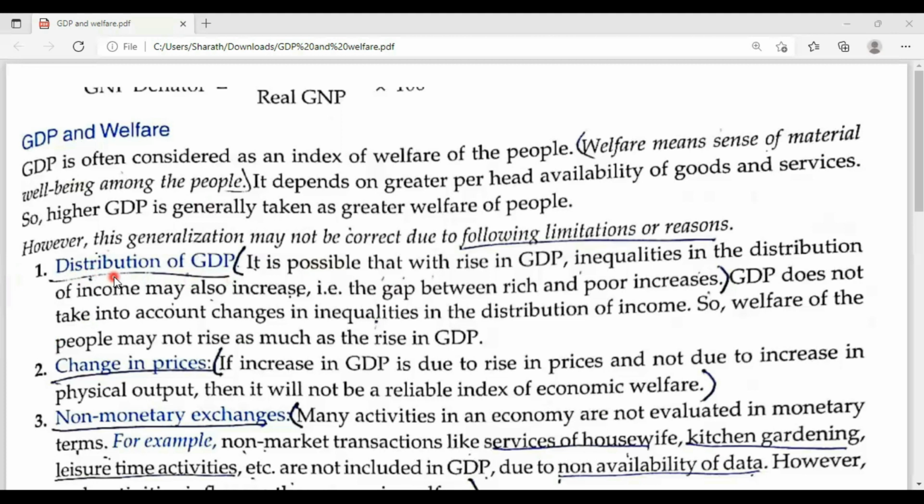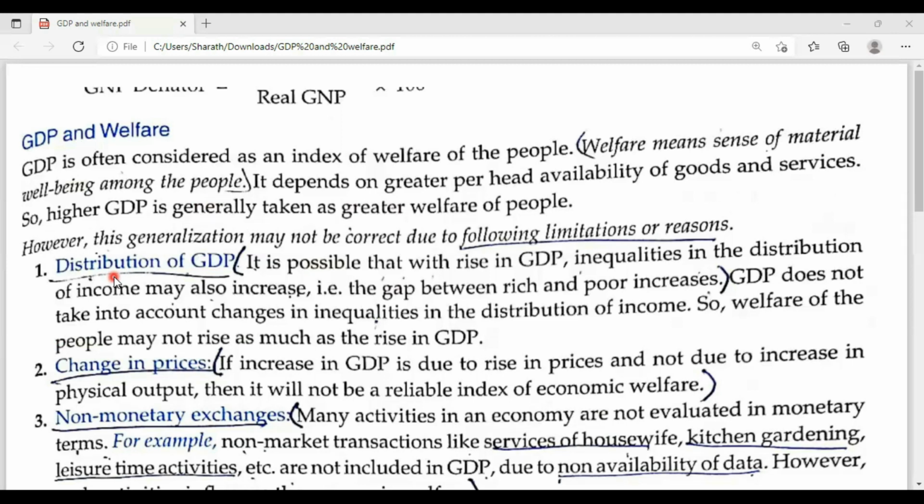GDP could even be treated as income. But the income generated in an economy is not equally distributed among all. We see a huge gap created in the economy in the name of rich and poor. Whatever income is generated, the majority portion goes to the hands of the rich, and the poor become poorer.